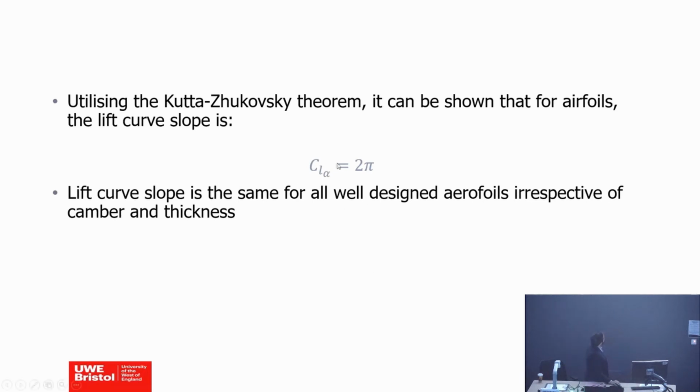What this really says is, it doesn't matter what the airfoil looks like, the lift curve slope is always 2 pi according to that theory. So you always know it. Obviously, you can work out the lift coefficient at any given alpha by just multiplying 2 pi by alpha. That will give you the lift coefficient. So this is the lift coefficient curve slope.